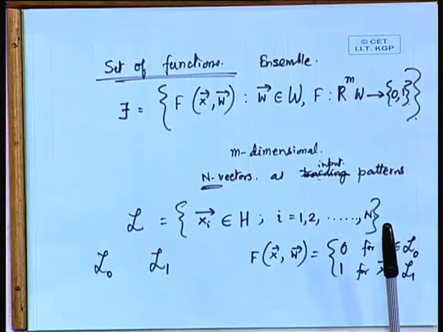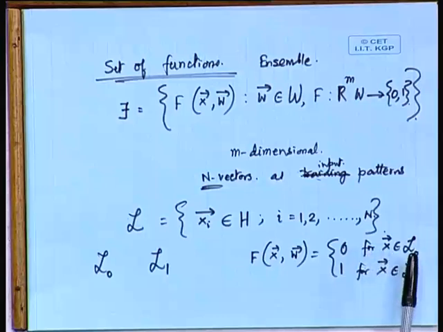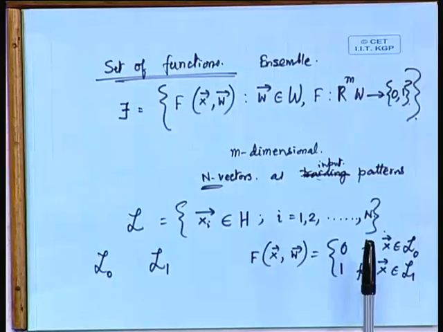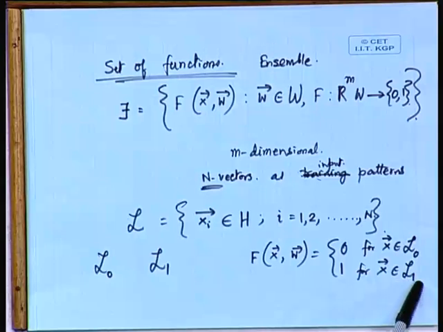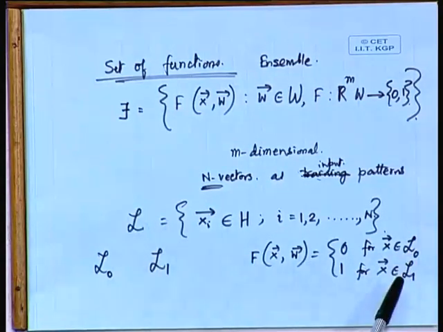The patterns for which the output is 0 belong to the set L0, and the patterns for which the output is 1 we put in the set L1. So, this L set we are breaking up into two disjoint sets, L0 and L1.